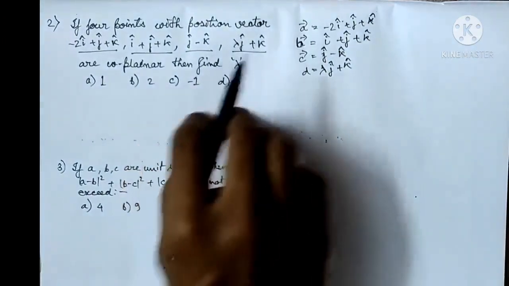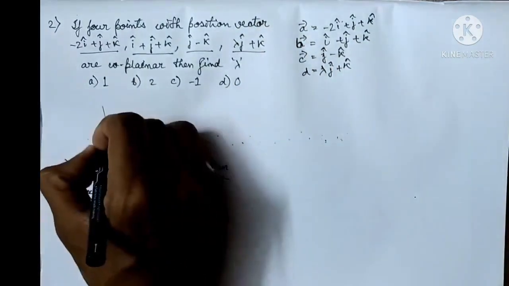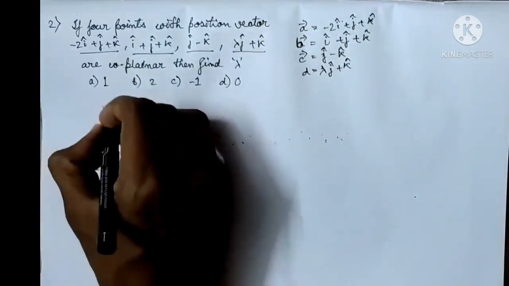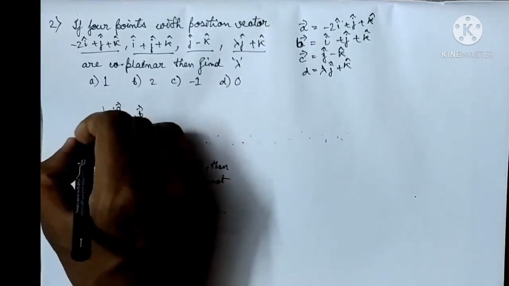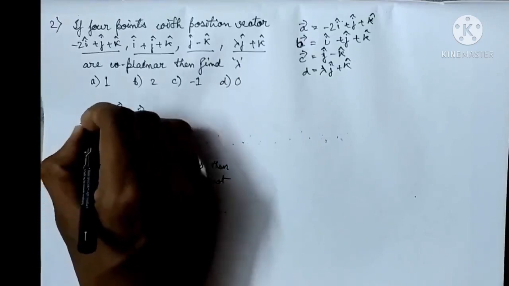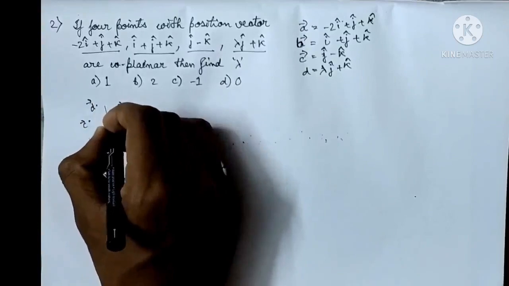Here, these vectors are just like this, and this is point O, maybe this is A vector, this is B vector. Suppose this is C vector and this is D vector. From O to A we get OA.